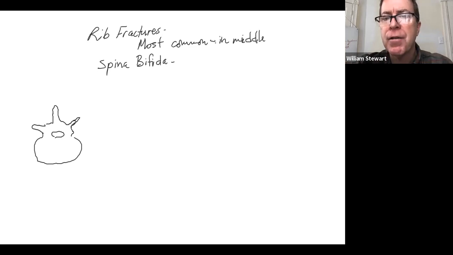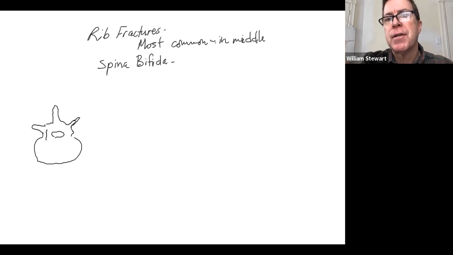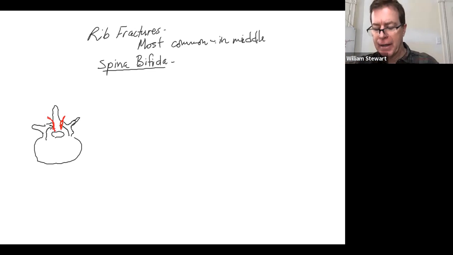When we are developing in utero as embryos, there's a fusion of this vertebral arch, bone to bone like this, before we're born. In spina bifida children, that fusion doesn't fully happen, and there's a gap left along the midline of the back, typically in the lower back area at L5, sort of S1.